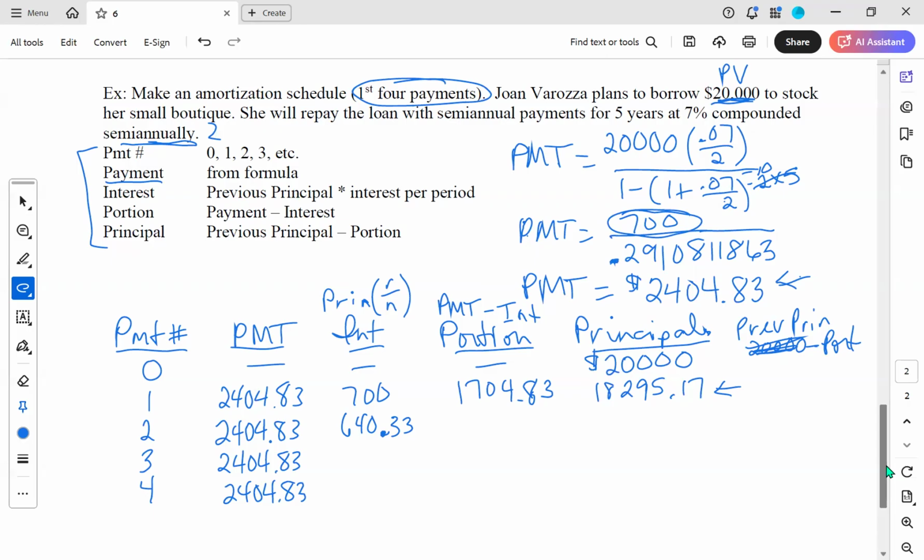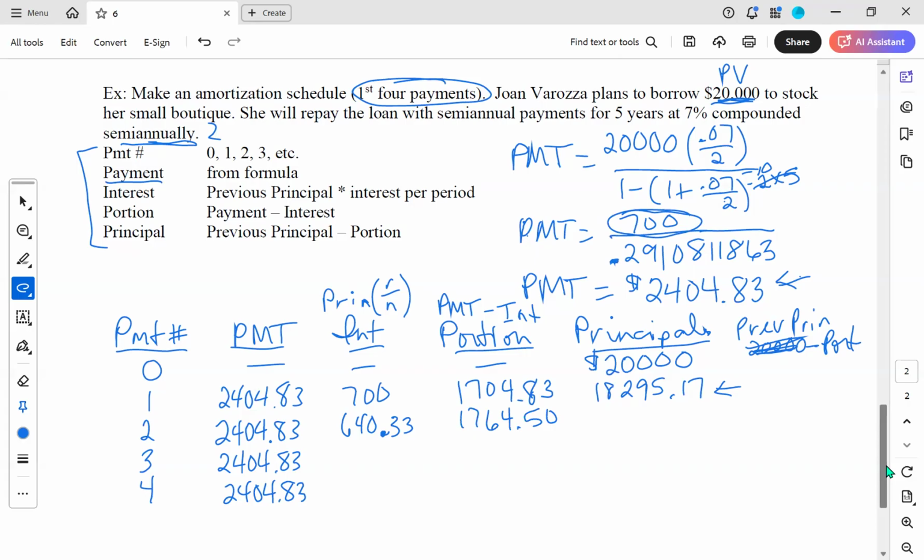I was getting too big of a number and I couldn't figure out why. Minus 640. So that's going to give us $1,764.50. So if you notice, your portion amount is going up, your interest amount is going down, which should happen every single time.